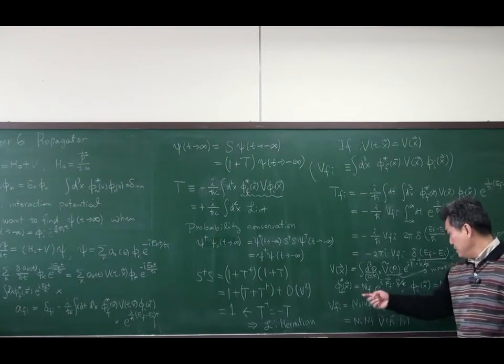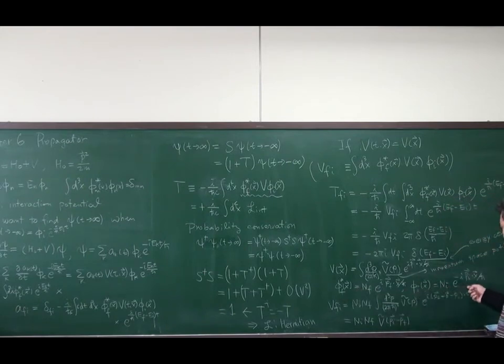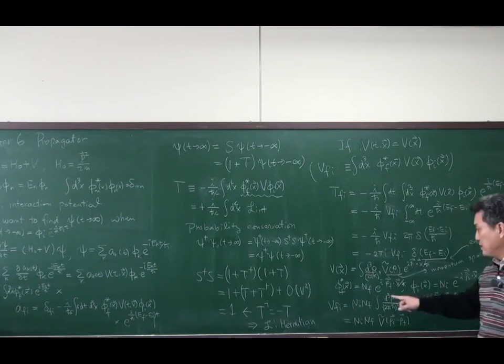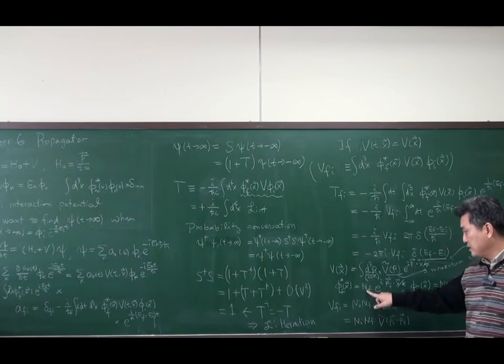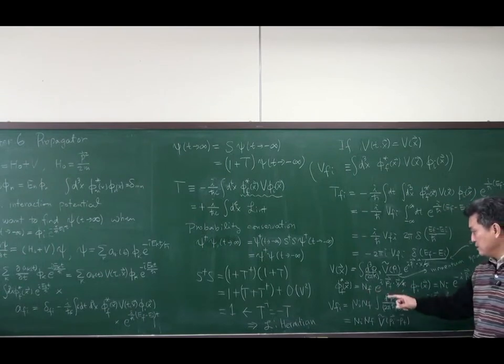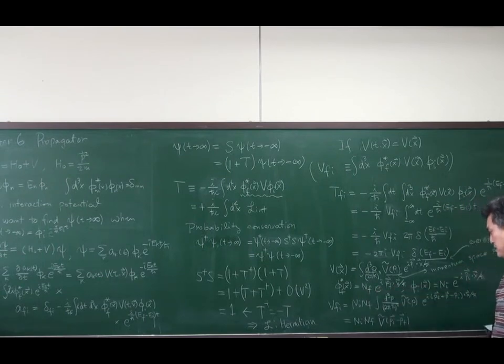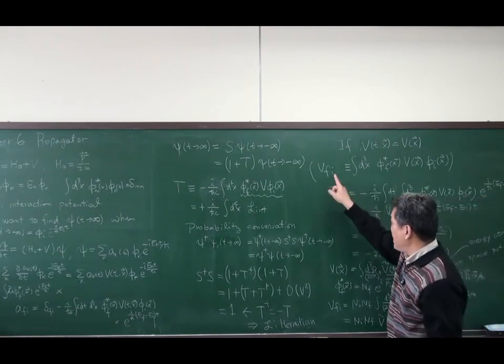Suppose the initial state wave function is just a free particle wave function. We know that answer; this is the overall normalization factor that can be determined later. And the final state is its complex conjugate with the final state normalization and exponential of i p_f dot x. So let us substitute these factors into the definition of V_FI.